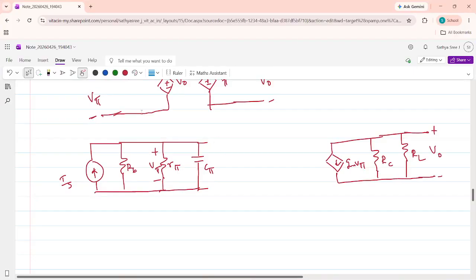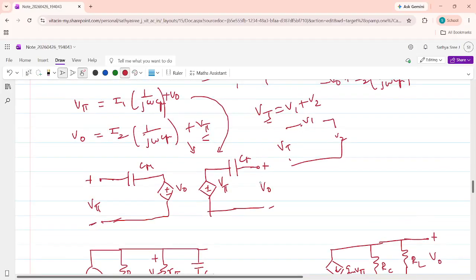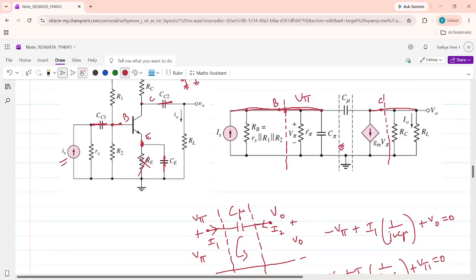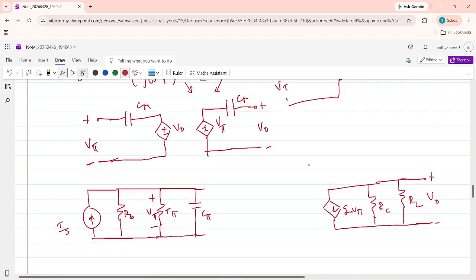Between these, you have to replace this C mu with this circuit. One more thing: this is C mu and this is V naught.